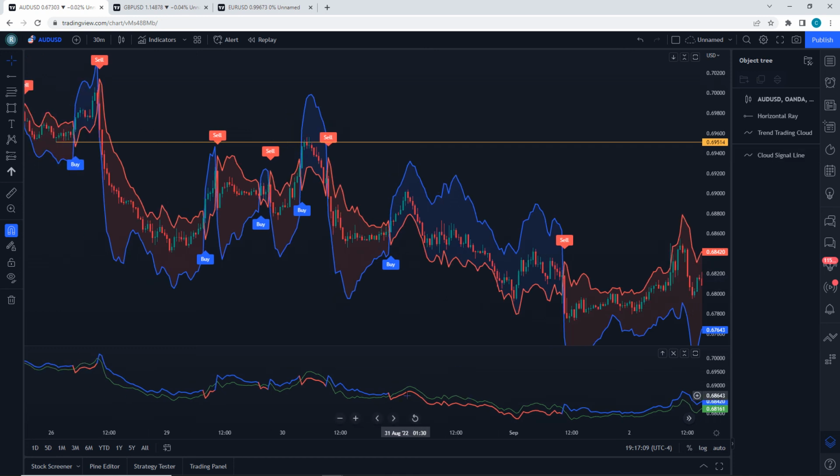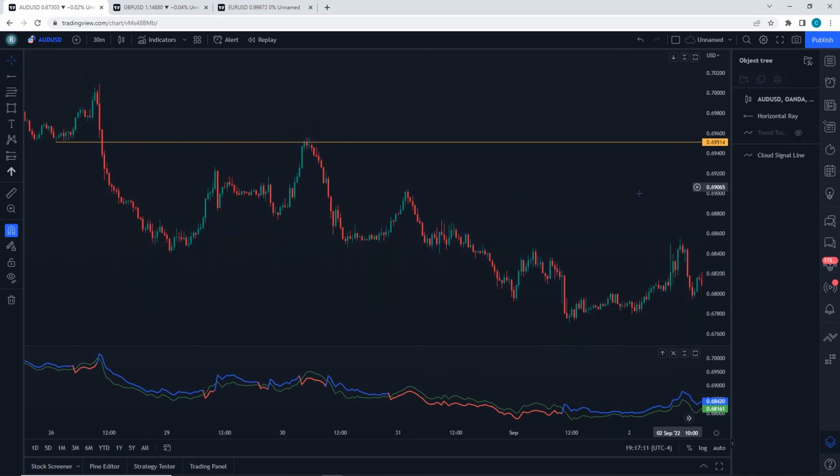And you've also got this cloud signal line if you wanted to declutter this for the time being and watch just this line as well for the buy and sell signals. So this one is, like I said, the trend trading cloud by Indicator Vault.